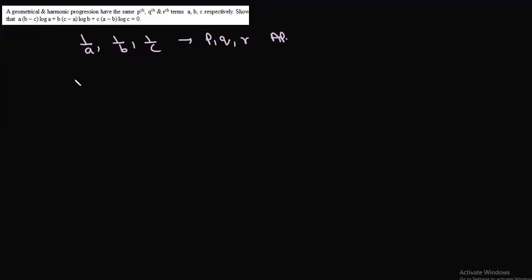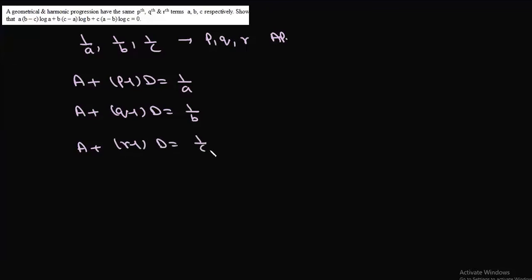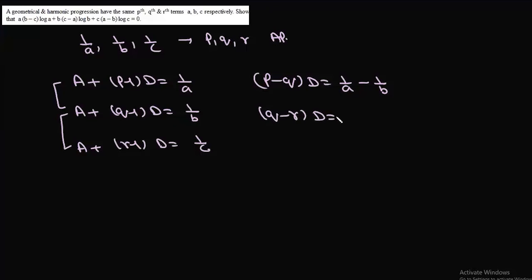Now we can write this as a plus (p minus 1)d equals 1 by A, a plus (q minus 1)d is 1 by B, and a plus (r minus 1) into d is 1 by C. Now if we subtract these two, we can write (p minus q) into d is equal to 1 upon A minus 1 upon B, and the same way if we subtract these two, we can write (q minus r)d equals 1 upon B minus 1 upon C.